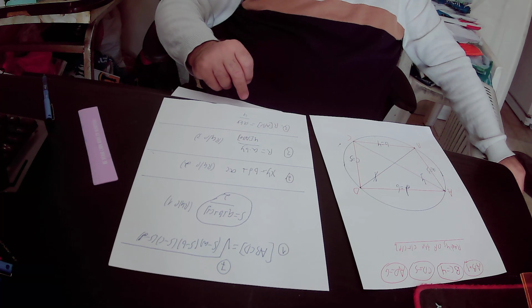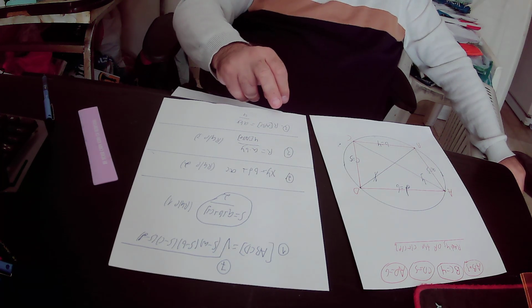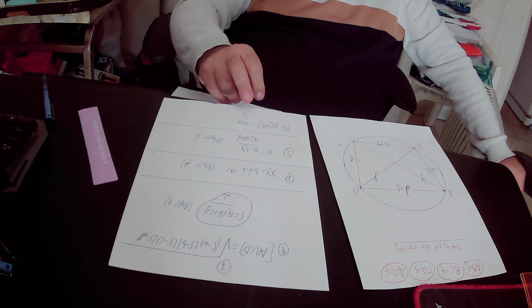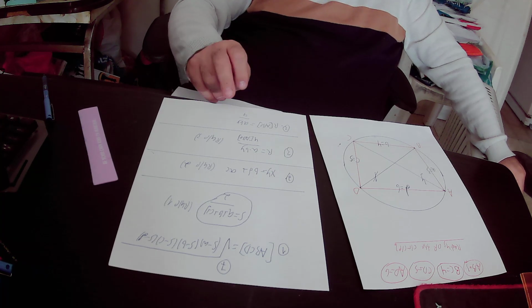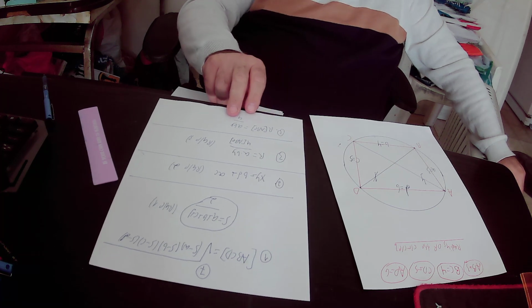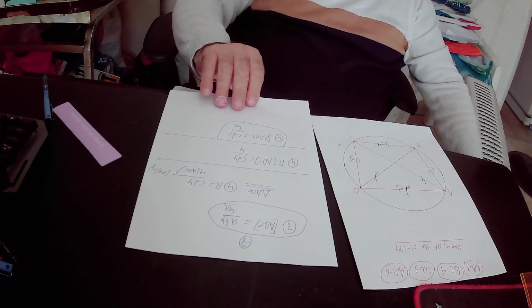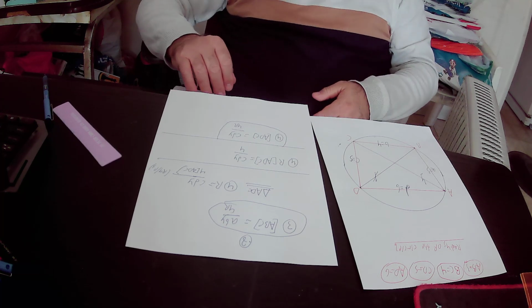So we multiply equation number 3 by the area of triangle ABC, and we got that R times the area of triangle ABC equals ABY over 4. Here we divided equation number 3 by R, and we got the area of triangle ABC equals ABY over 4R.